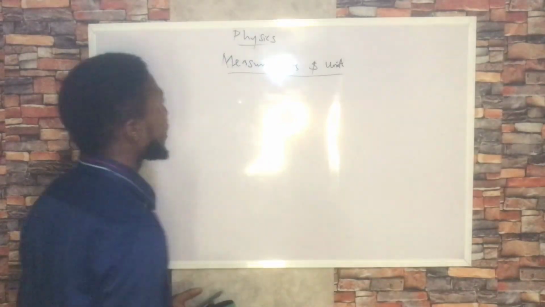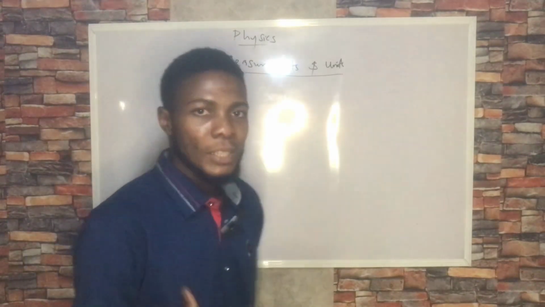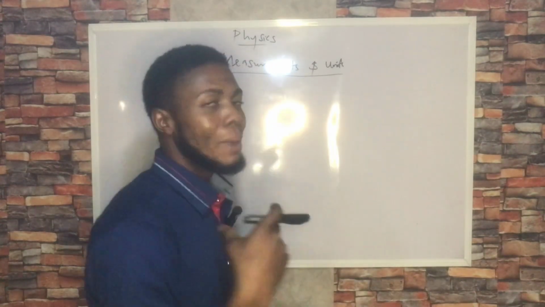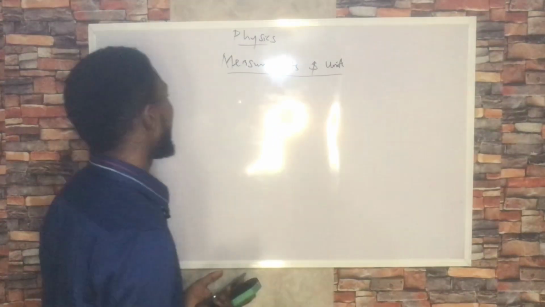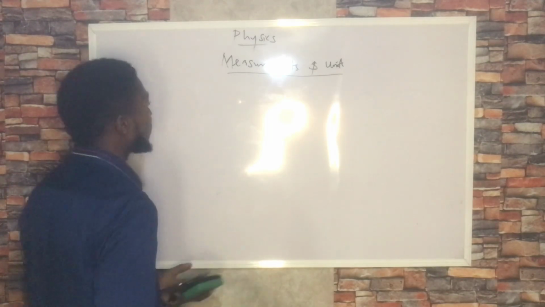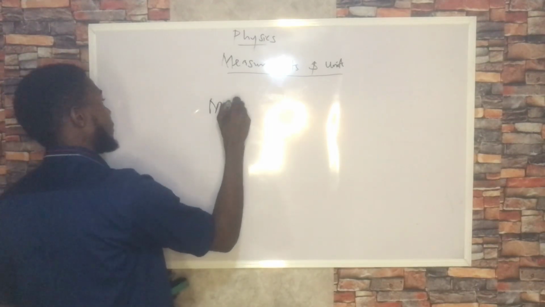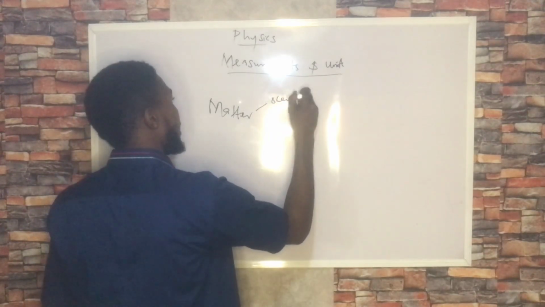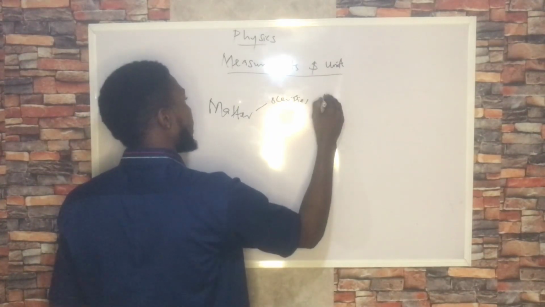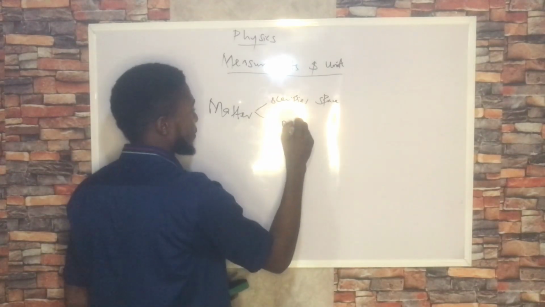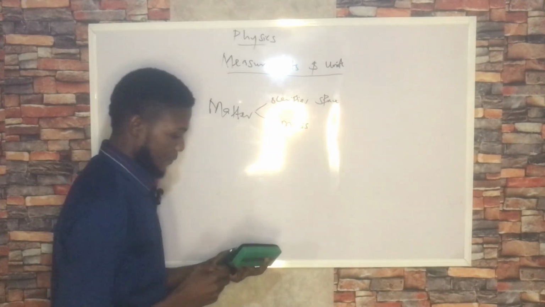So now, physics is solely interested in studying matter in relation with energy. Under matter, we study two things. One, it occupies space. Matter has the tendency of occupying space. And of course, it has mass.